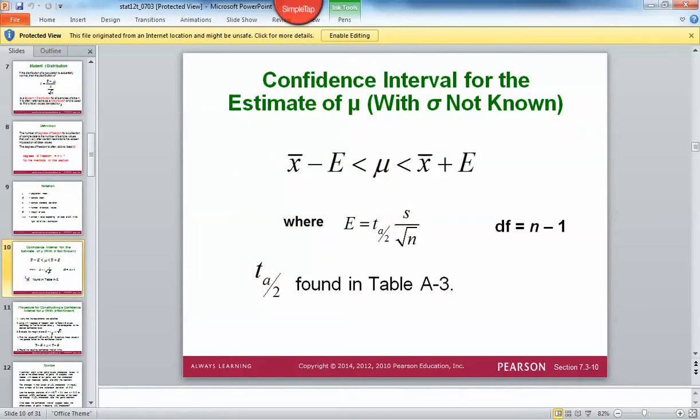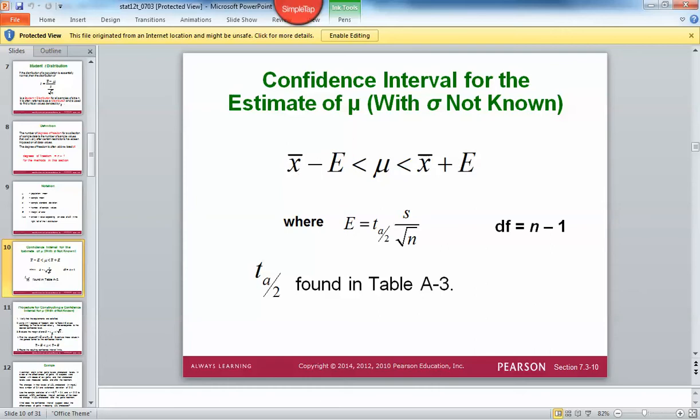Alright, just like the last section, you know how we had p hat plus or minus E? That's how we set up our interval. We do the same thing here, except instead of p hat, we have x bar. That's our point estimate, x bar. So we say x bar plus or minus E. That's how you get the left endpoint of your confidence interval and the right endpoint of your confidence interval.